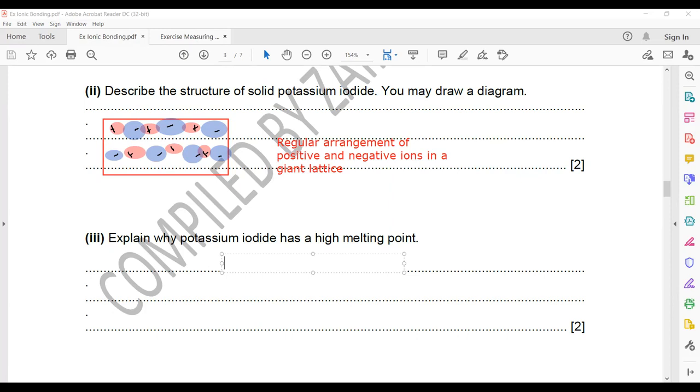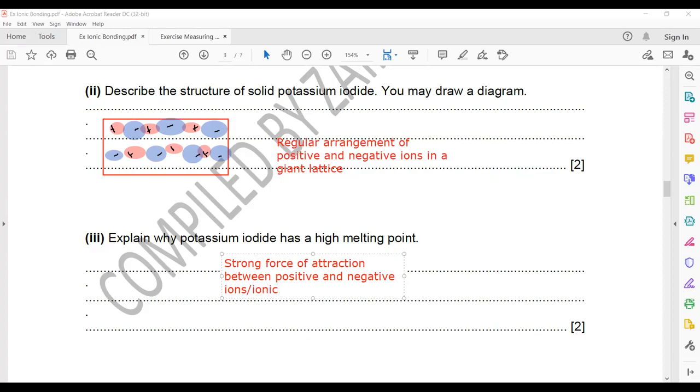So we will say there is a strong force of attraction between positive and negative ions, or we can also say a strong ionic bond.